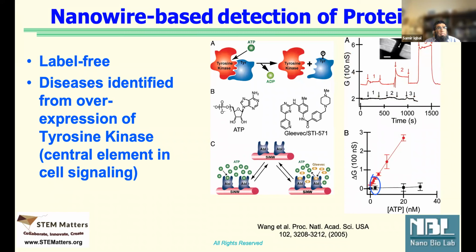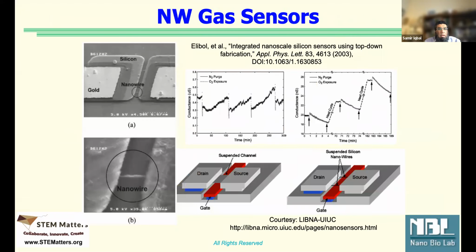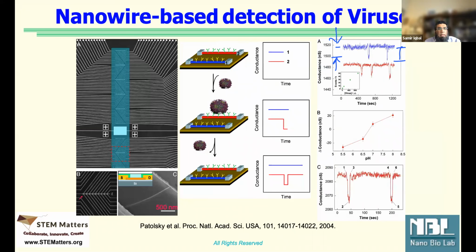So this is just a few examples of where nanomaterials have been used to create nanosensors. In another case, they created many nanowires in parallel, shown on the left-hand side.